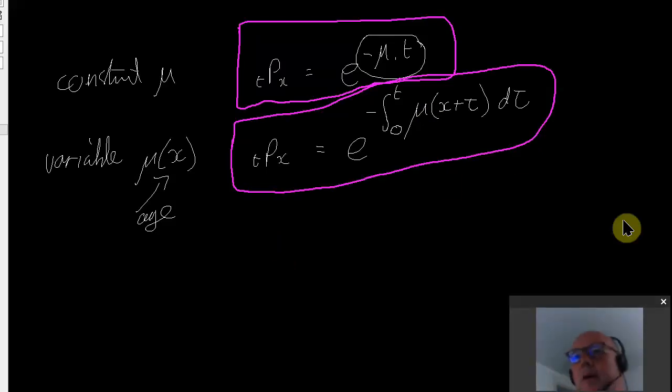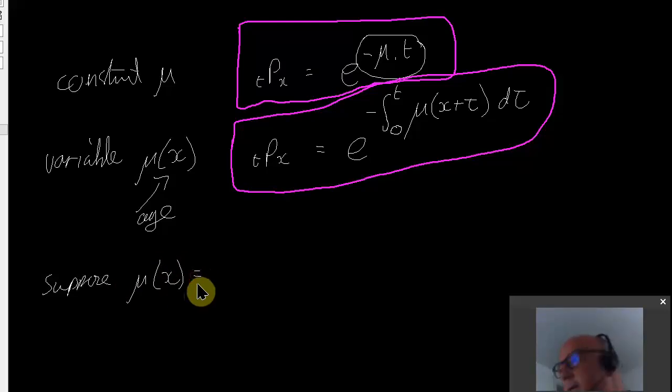So in fact, let's do an example. Suppose mu of x is equal to 0.0001 times e to the x over 10.